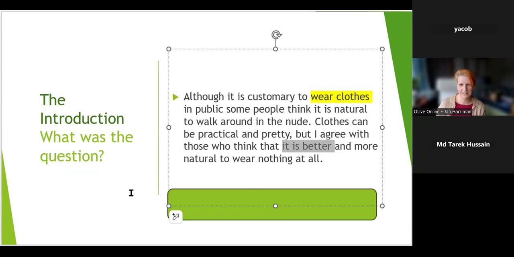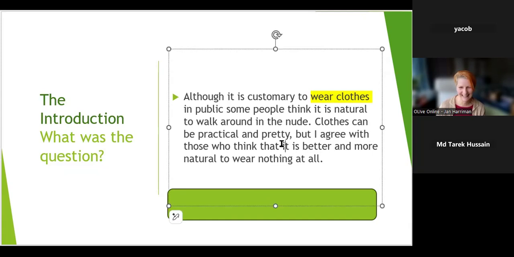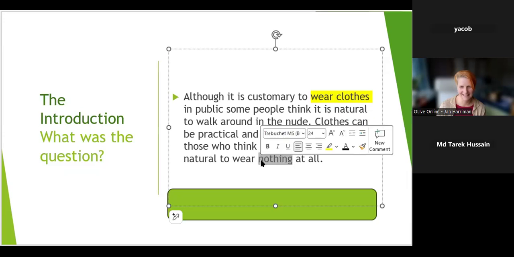What is the person's opinion? Are they going to wear clothes or not wear clothes? Yeah, it is natural, nothing at all. So it's better to not wear clothes.